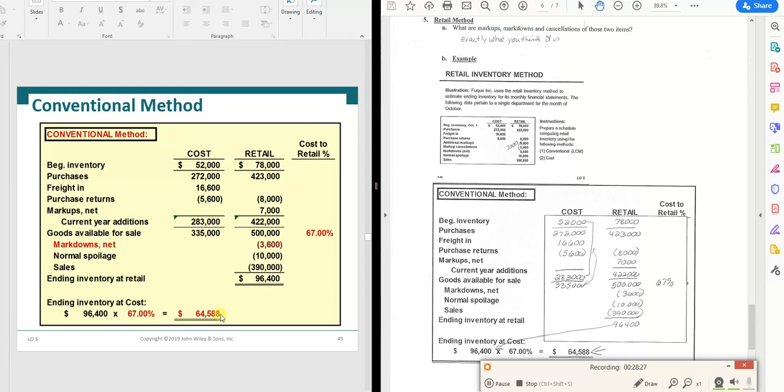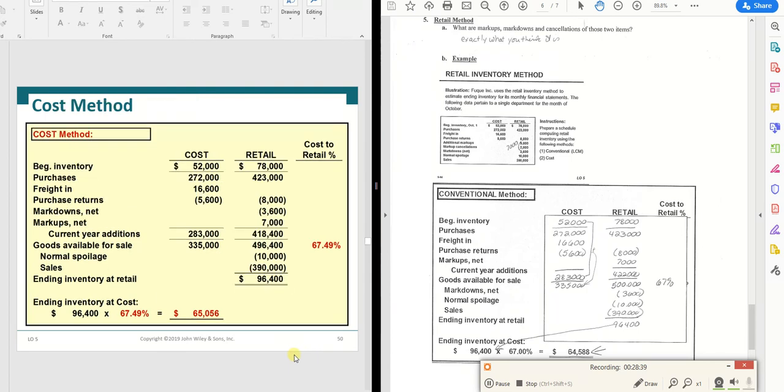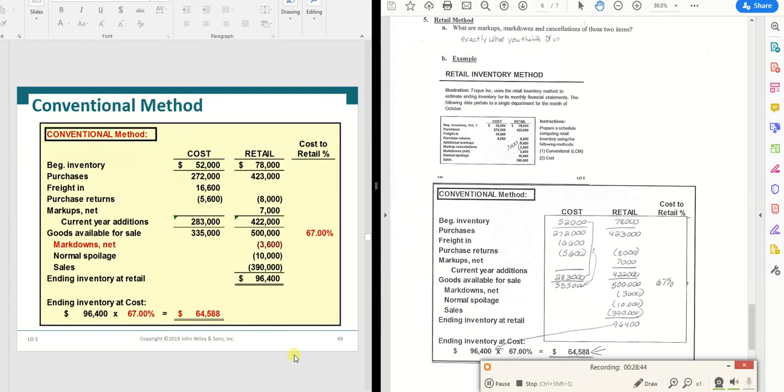Now there are two methods to this. Please know there are two methods. Please know the name of the two methods. The two methods are the conventional method and the cost method. On this, what I will test you over is you will have to do one of the two methods, and it will be much simpler than these problems.